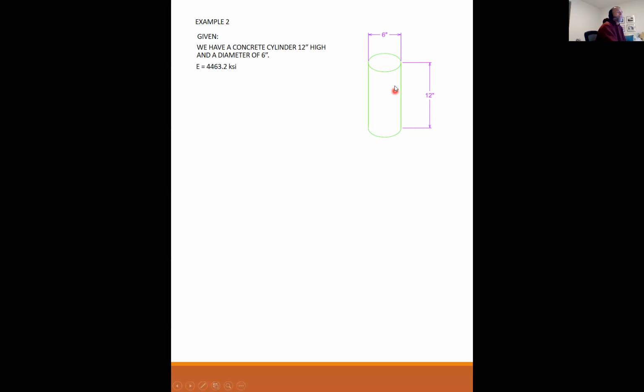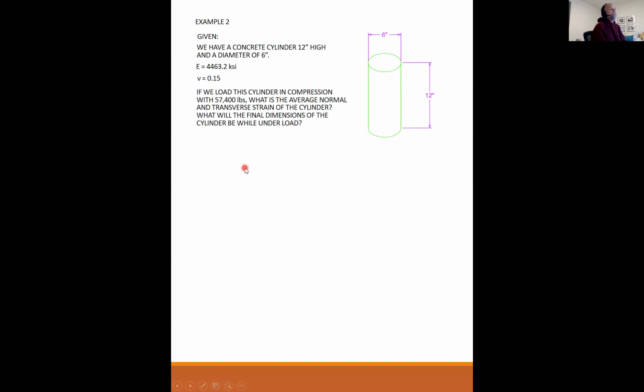These are generally about 6,000 PSI concrete. So the modulus is 4463.2 KSI, a rough number for this material. And for concrete, Poisson's ratio is 0.15.